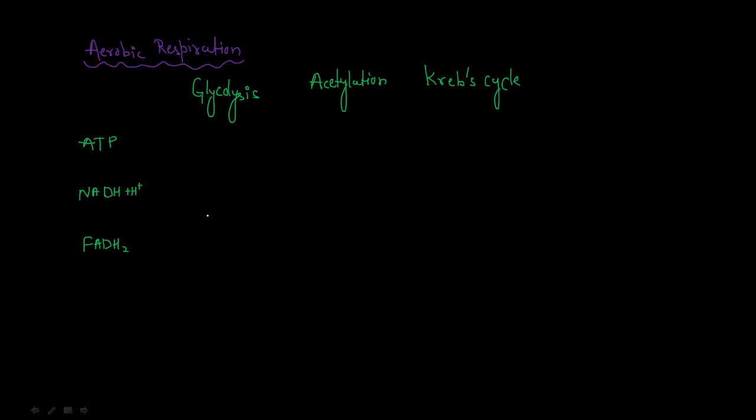If you remember, during glycolysis the net gain of ATP was 2, and the NADH number was 2, and no FADH2 was released. In the acetylation reaction, there was no production of ATP or FADH2, only 2 NADH were released. During one round of the Krebs cycle, we had 1 ATP, 3 NADH and 1 FADH2.